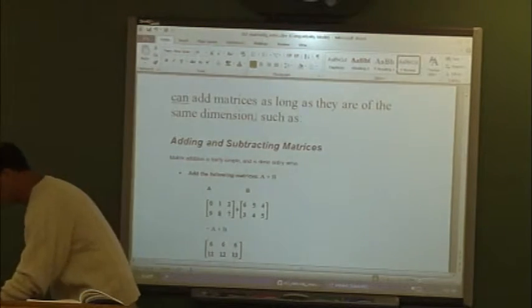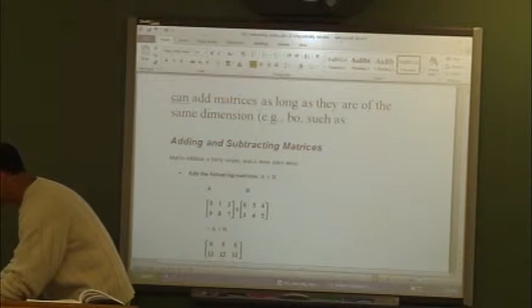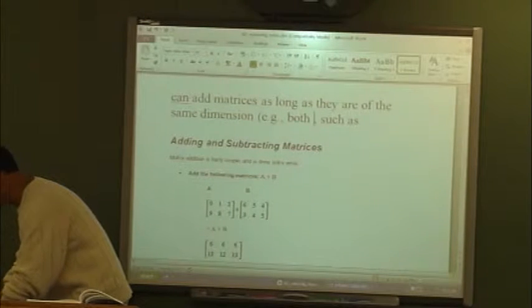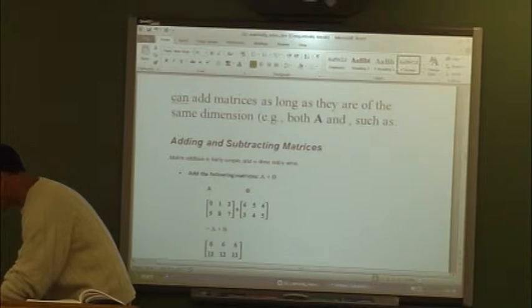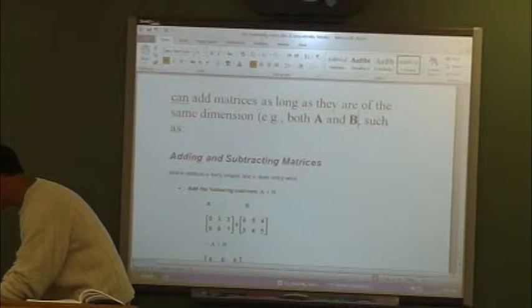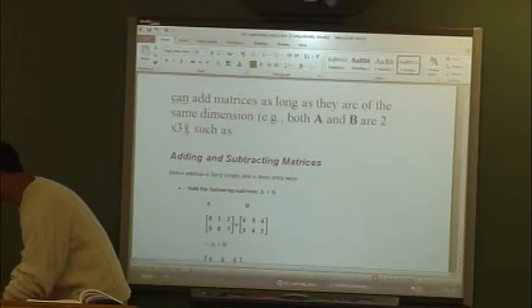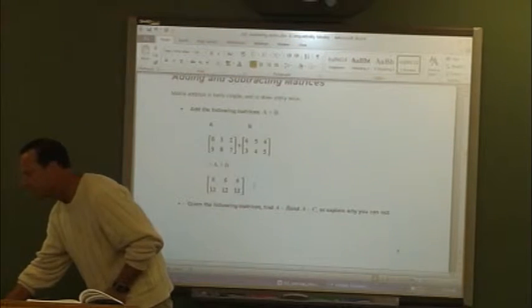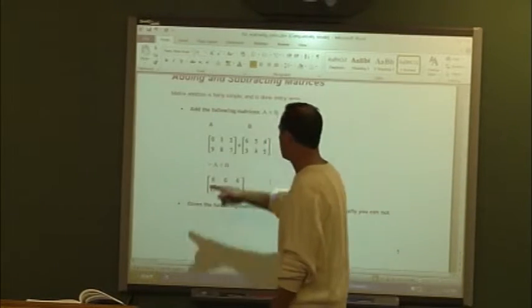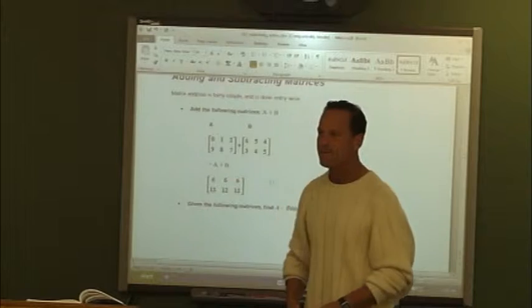For example, both need to be what? Yes, both A and B are 2 by 3. You got it. So here's an example, everybody. These are both 2 by 3.